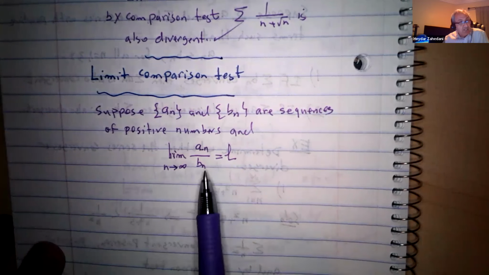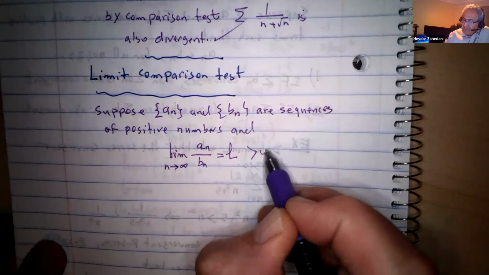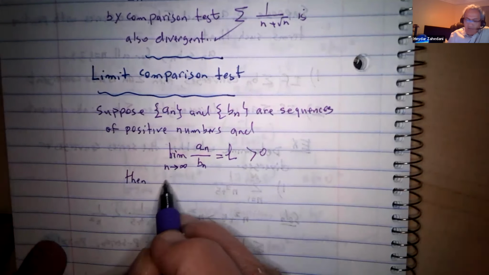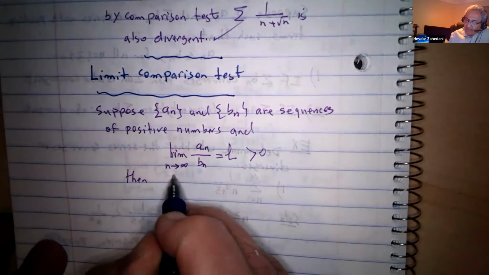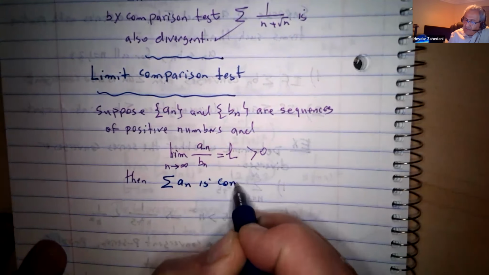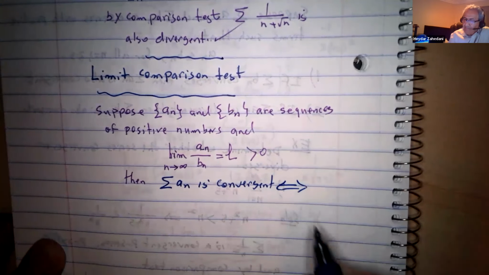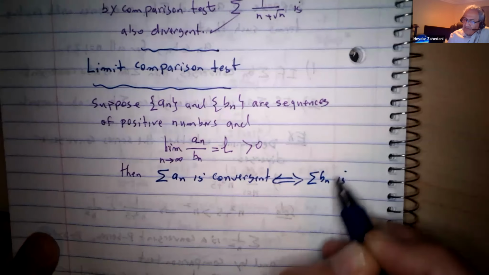Now, if this is greater than 0, not 0, if this is positive, then you have something quite interesting. Then sigma an and sigma bn can both be convergent, or both of them can be divergent. So this means the series of an is convergent if and only if sigma of bn is convergent.